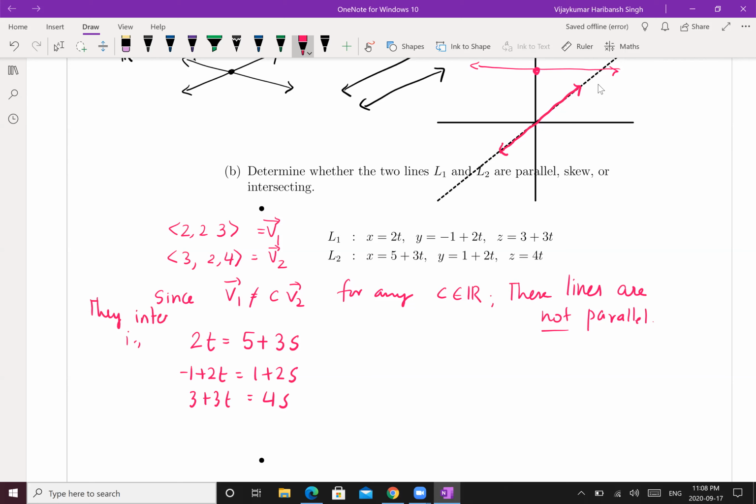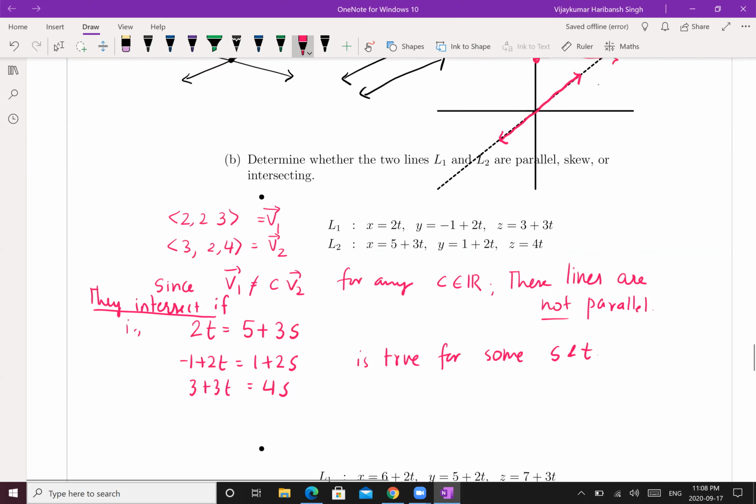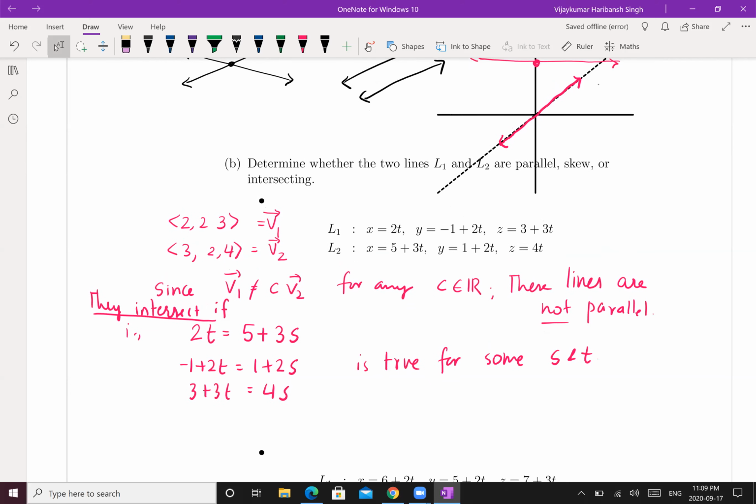They intersect if this is true for some s and t. So let's work that out. We need to solve these equations simultaneously and see if they have any solutions.